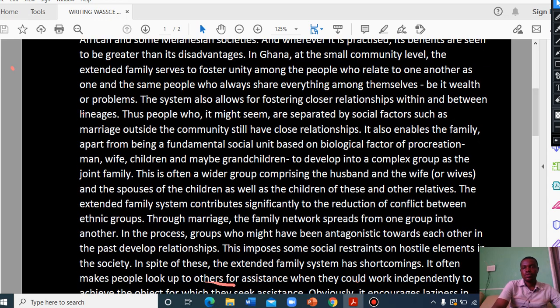Then we press on and read that the extended family system contributes significantly to reduction of conflict. Reduction of conflict. Good. Then we can start writing our answers. We have gotten more than 3. So we now write them as our answers.